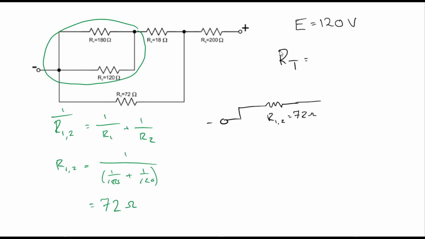Okay, and now if you want, you can leave that little node there just to show that's where it was. R4 is 18 ohms. So we've combined those two together.